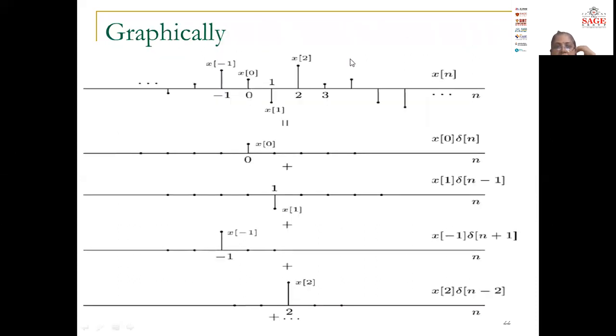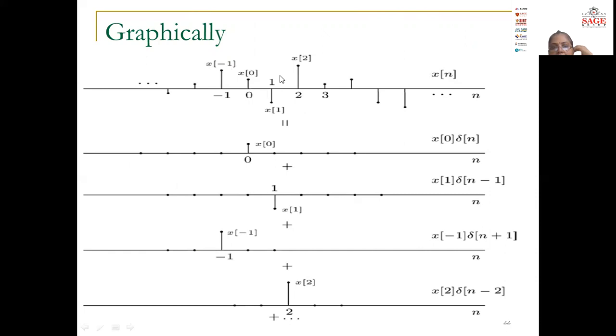Graphically, we have also shown it like this. This is the input signal, and these are the samples we have taken as input. This is the value of input at 0, and this is the value of input at 1, 2, 3, -1, and so on.